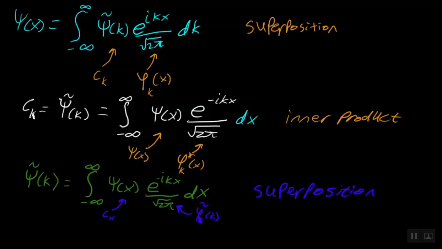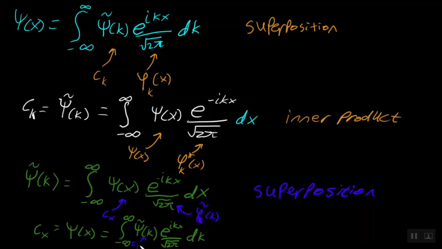And finally, we know that c sub x, I'll write this in green again, which is psi of x, is equal to the integral from negative infinity to infinity of psi tilde of k times e to the ikx over root 2 pi dk, right? I ran out of room to write this, but let's see if I can squeeze it in.